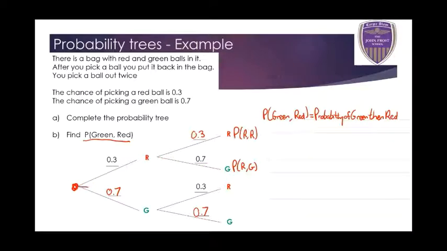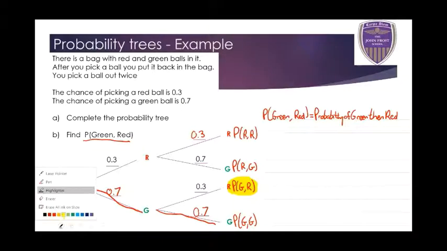If we picked a green ball first and then a red one, that would be the probability of G then R. And if we picked a green ball first and then another green ball, that would be the probability of green then green. So we're trying to find the probability of green then red, so we're looking for this one here, probability GR.